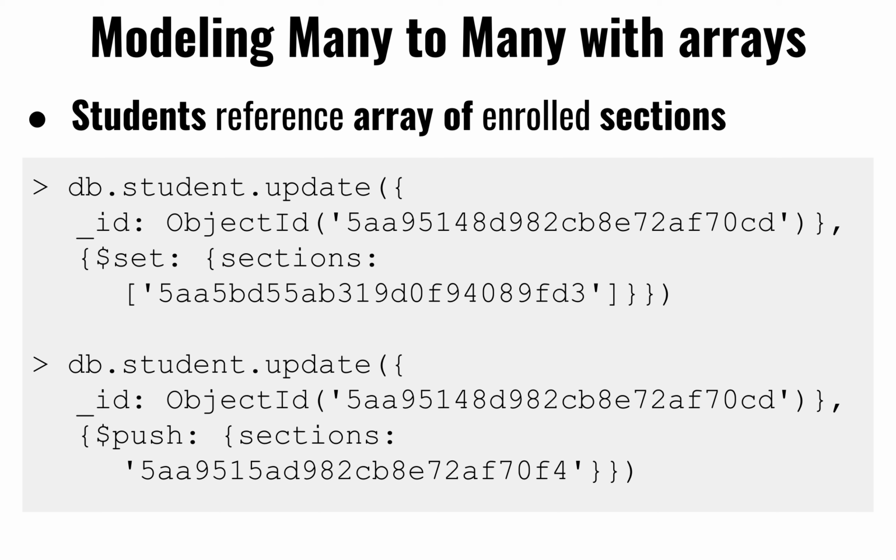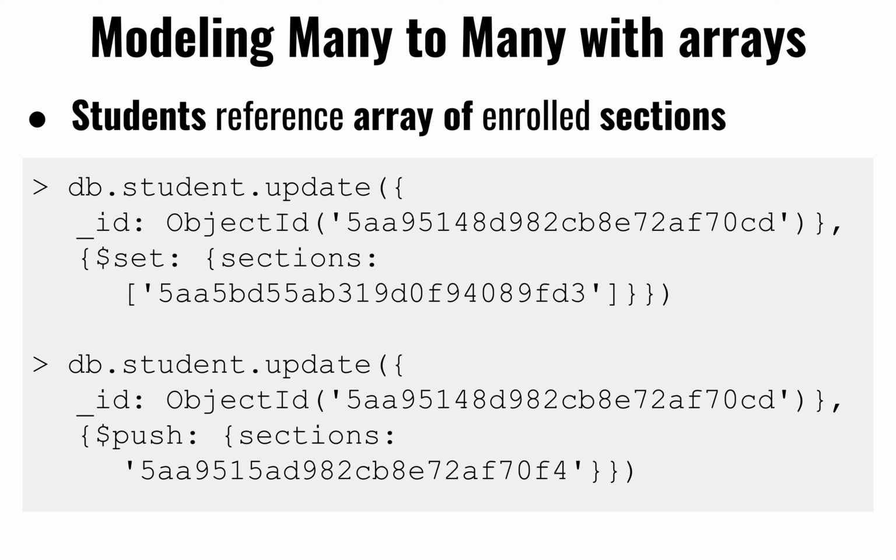So here's one where we're saying that this particular student, right, has these sections. Notice the section is an array. See that? It has an array of the ID of the section that they're enrolled in. And if they additionally enroll in a different section, they can push, right?